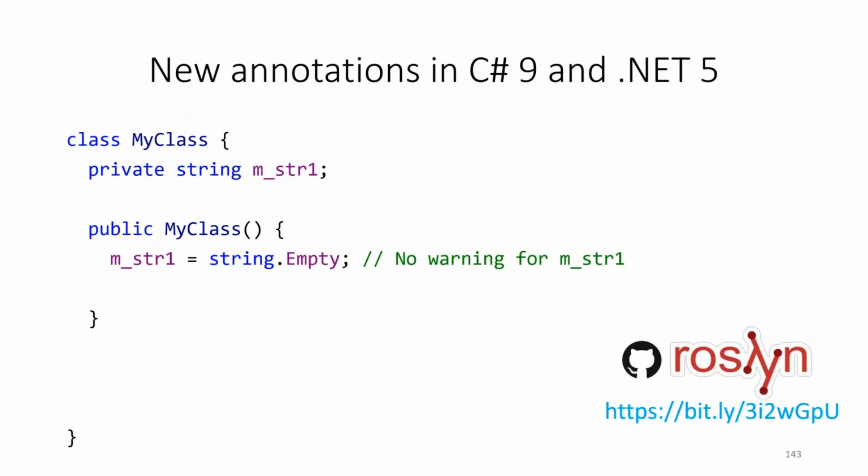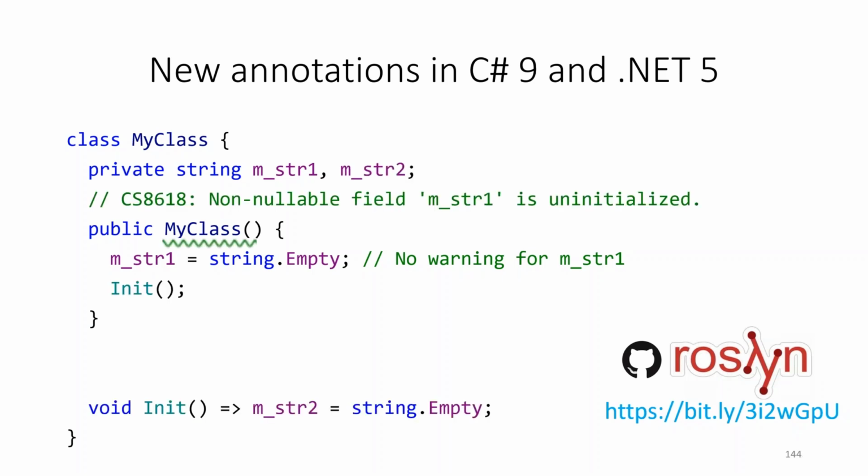And it can be used to solve one of the pain points reported to Roslyn, because Roslyn now checks whether you've initialized all your non-nullable fields and properties in your constructor, but it can only check code inside the constructor. And it does not have any knowledge about methods called from this constructor.